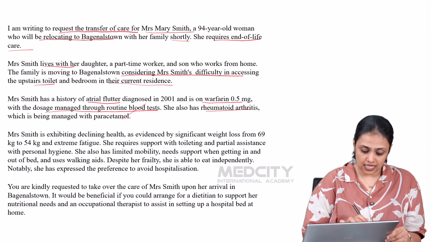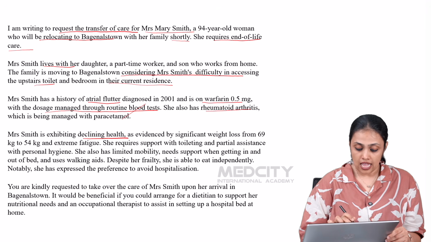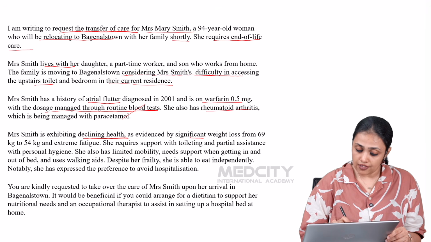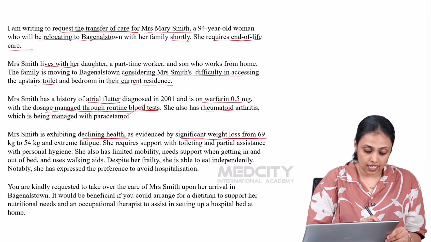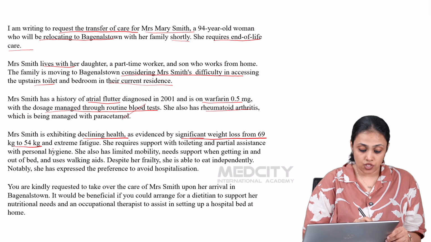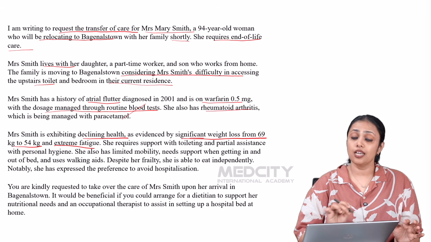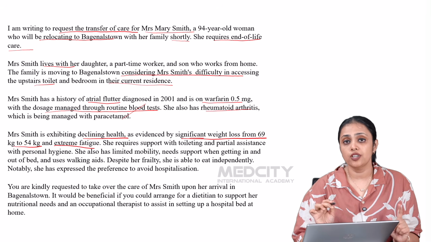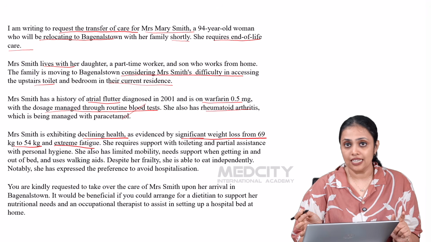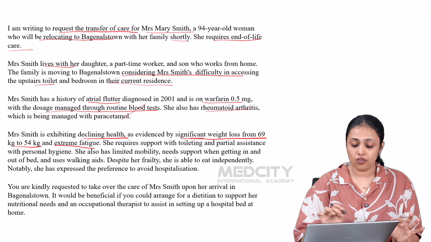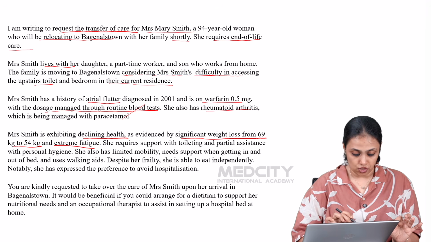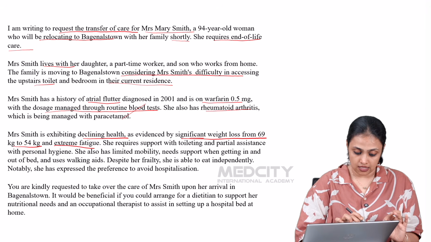Mrs. Smith is exhibiting declining health, as evidenced by significant weight loss from 69 kg to 54 kg and extreme fatigue. Now, why are we including the 69 kg to 54 kg? We have a referral required to the dietitian, right? So this weight-related aspect has to be mentioned: declining health and this weight reduction.